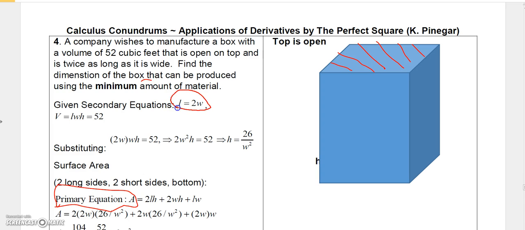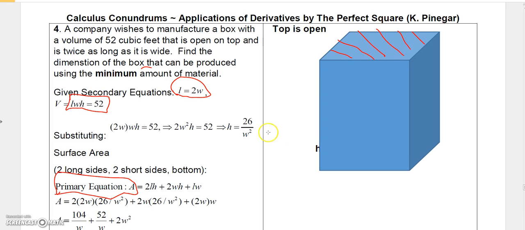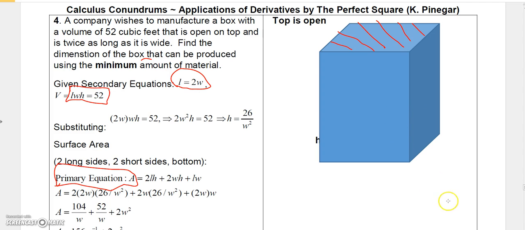And the other equation is that the volume must be 52, so the length times the width times the height must be 52. The height is that dimension, and this is the length and this is the width.